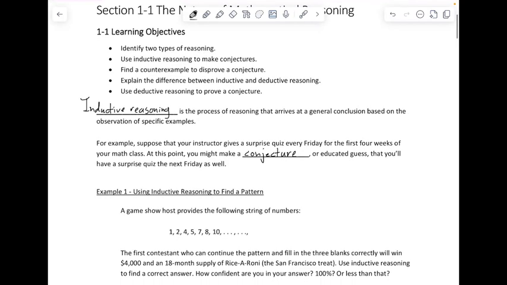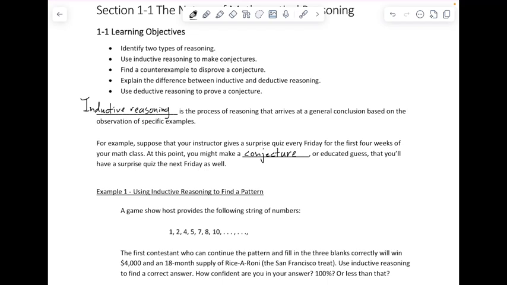And let's say that the game show host promises the first contestant who can continue the pattern and figure out the next three numbers in the sequence will win $4,000 and an 18-month supply of Rice-A-Roni, the San Francisco treat. So let's use inductive reasoning to find a correct answer, and then let's talk a little bit about how confident we are in the answer. Would we be 100% confident or less than that?